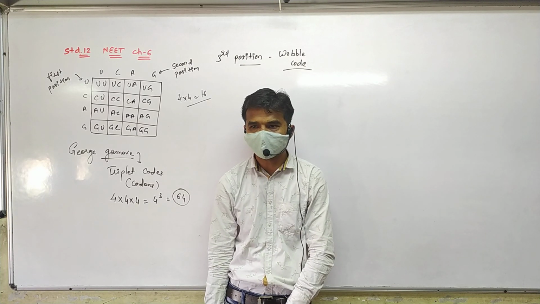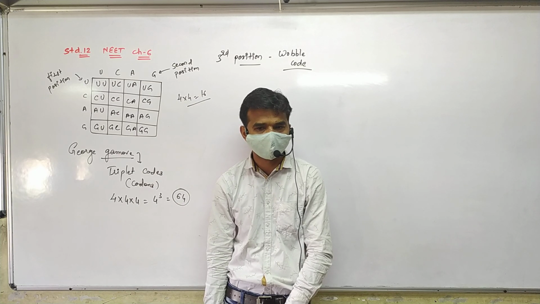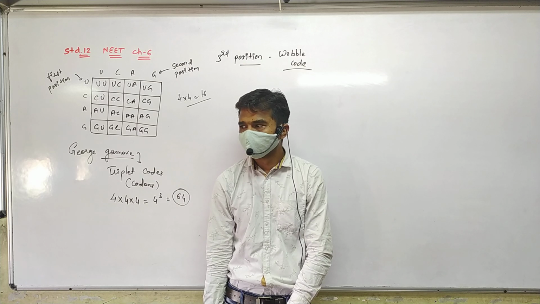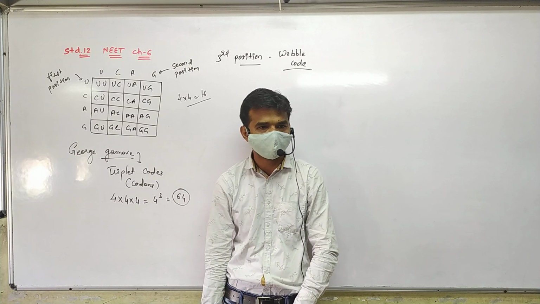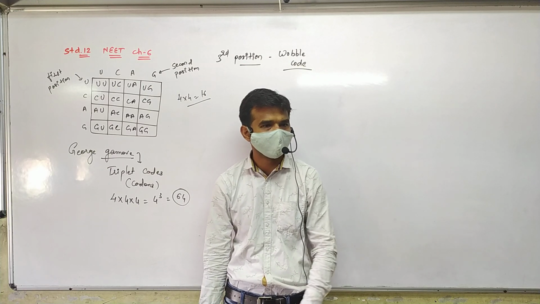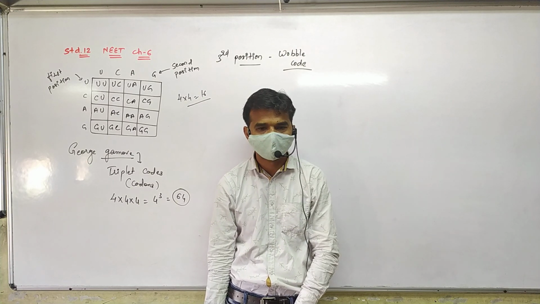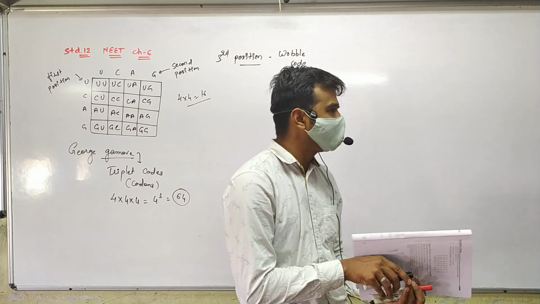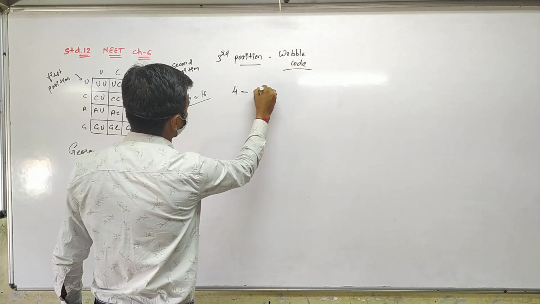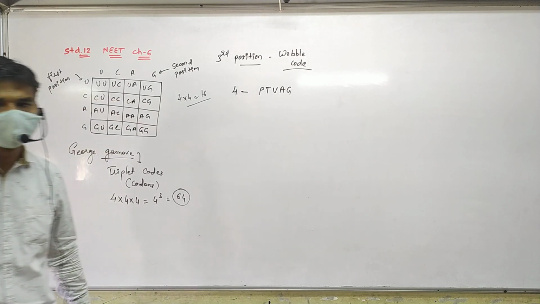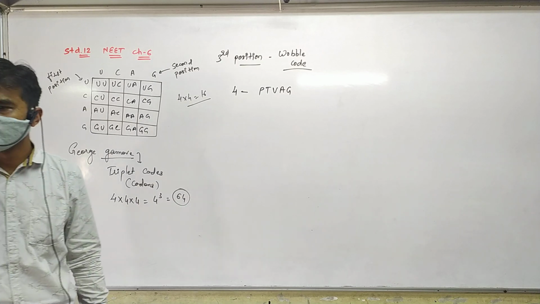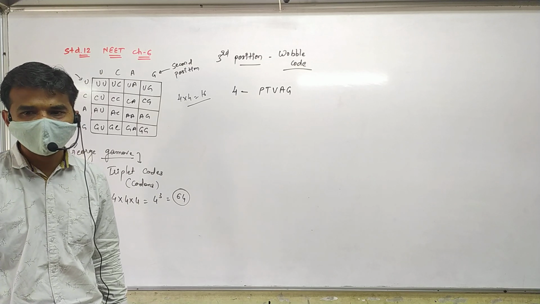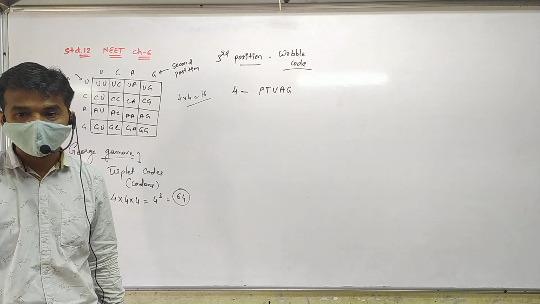4 codons are for 5 amino acids. For that, remember PT VAG: P proline, T threonine, V valine, A alanine and G glycine.